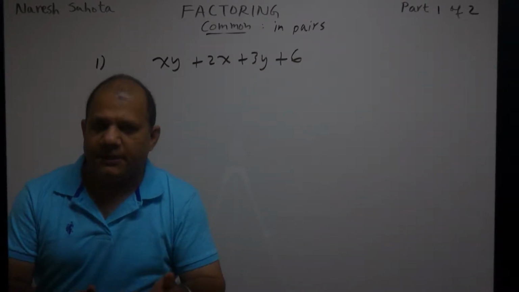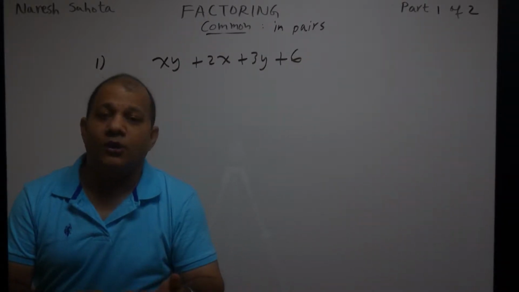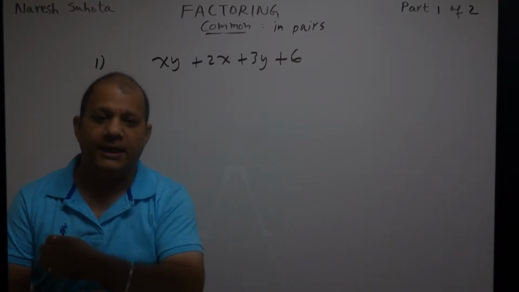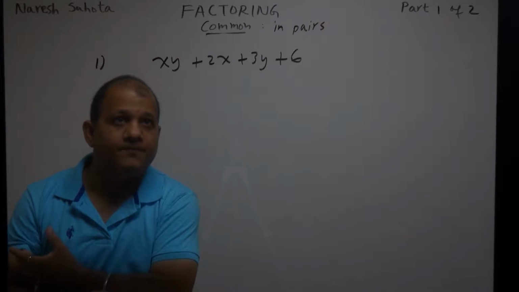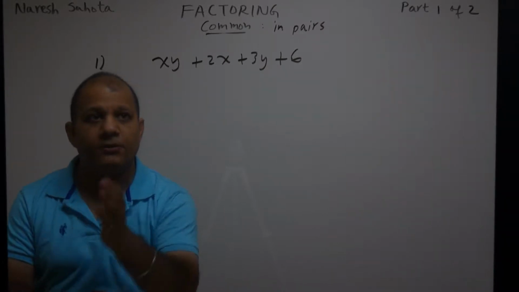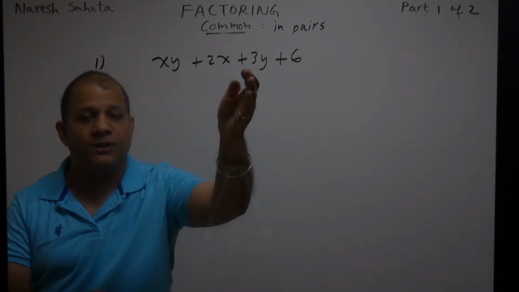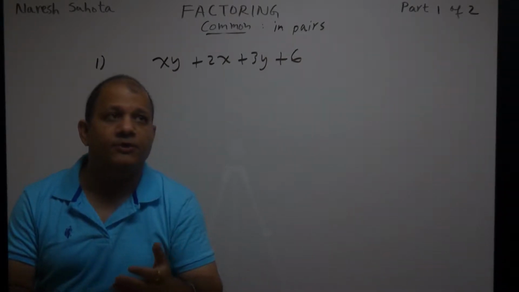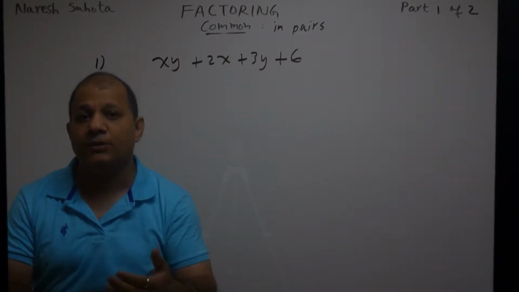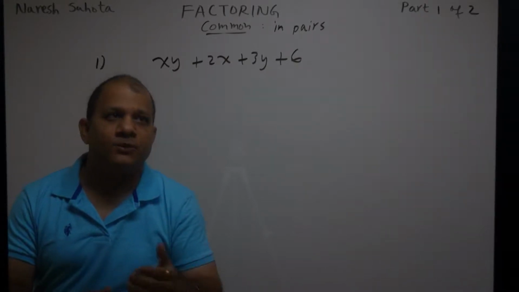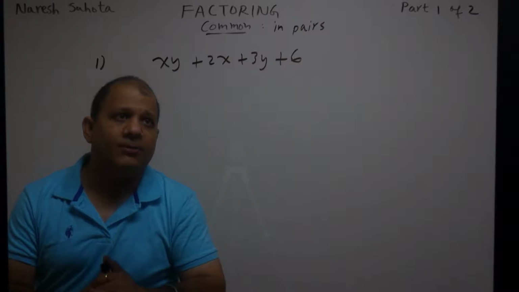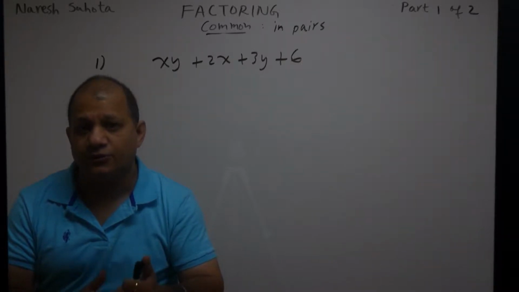Now the first thing we always do is look for a common factor. Look at all four terms and see if there is anything common. The numbers are 1, 2, 3, and 6, and there is nothing common between those that I can pull out. Is x common? X only appears in the first two terms.